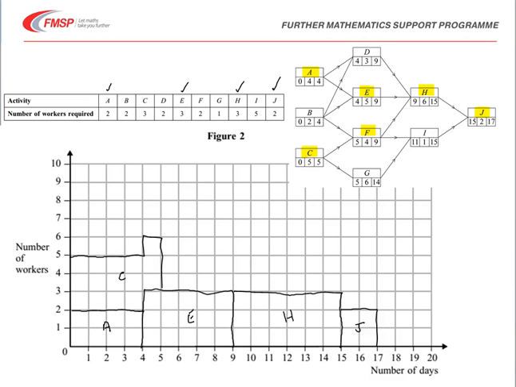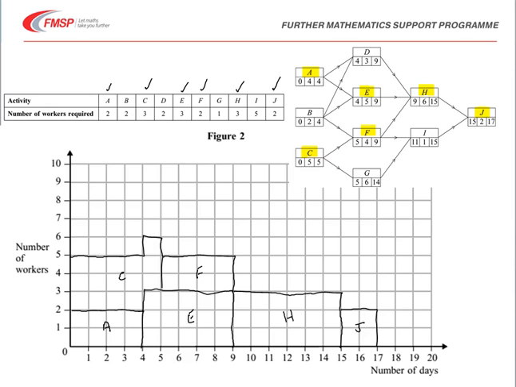So that's C put in there. And F, again, F is taking 4 days and requires 2 workers. So putting that in here, 2 workers for 4 days is simply a nice block, finishing at that point to allow H to follow on.